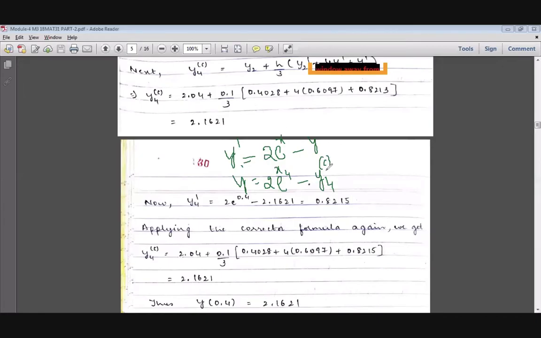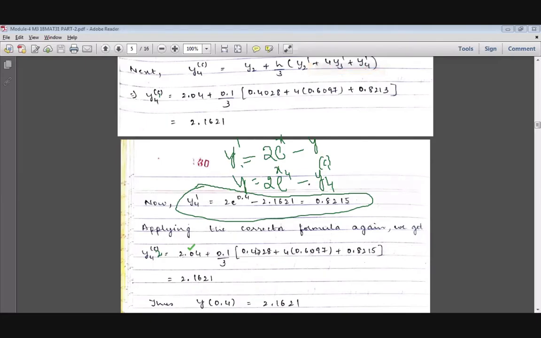You can take this as c1: corrector formula one time, corrector formula two times. So here the only difference is this one. If you apply the corrector formula twice, this will change. That's all. Everything will be same.